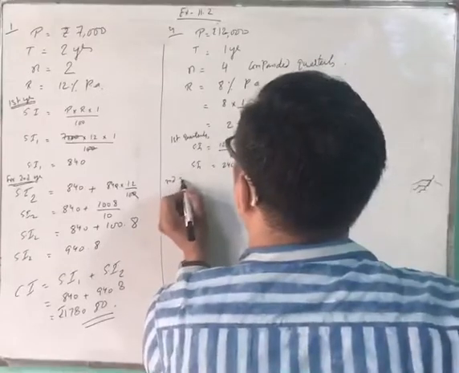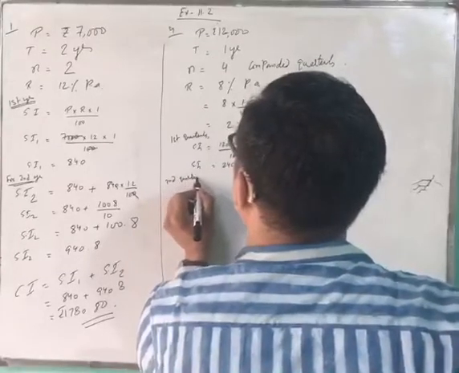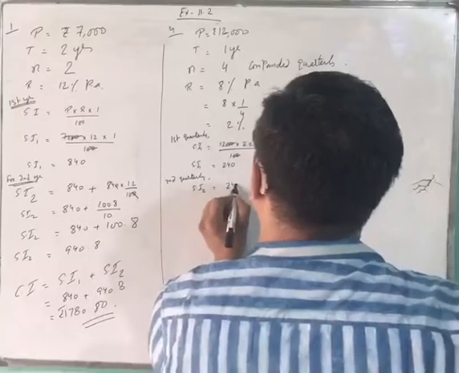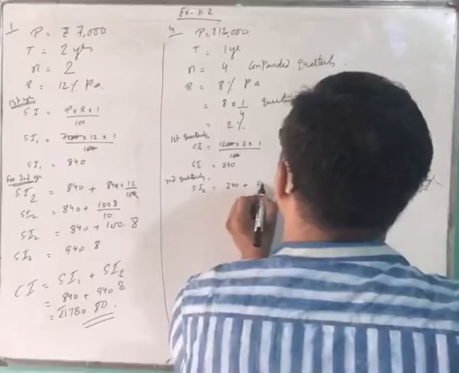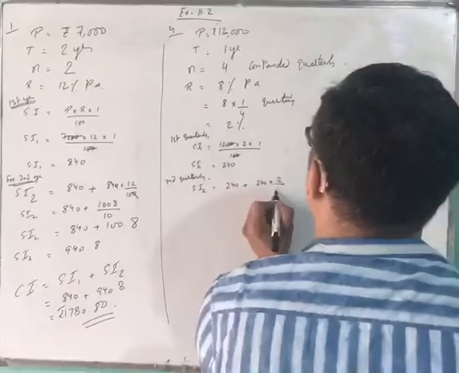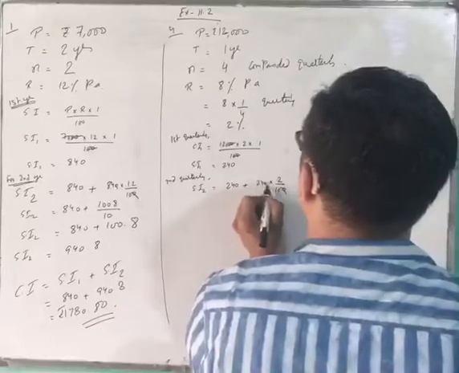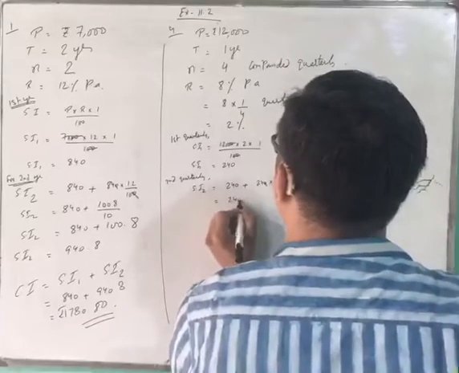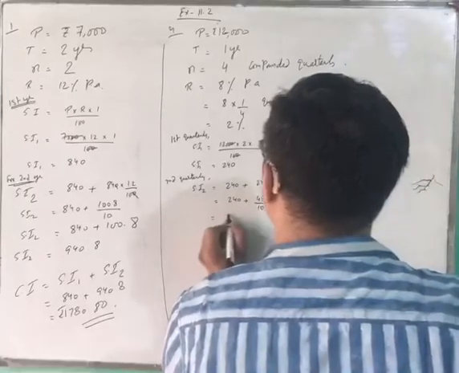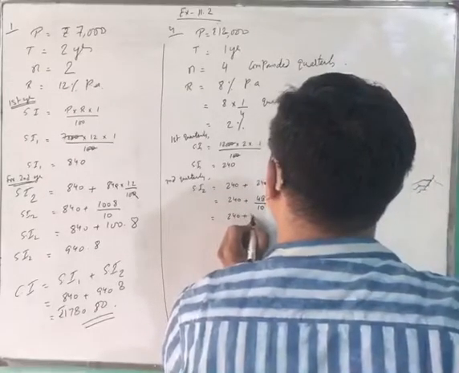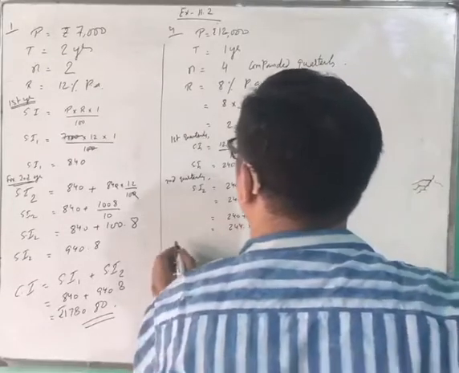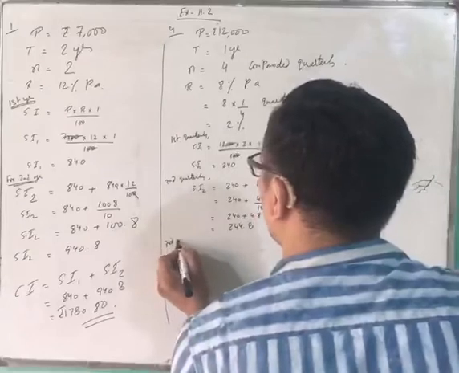Now the second quarter: 240 plus 240 into 2 upon 100. Zero struck off, 240 plus 48 upon 10. This means 240 plus 4.8, which is 244.8.